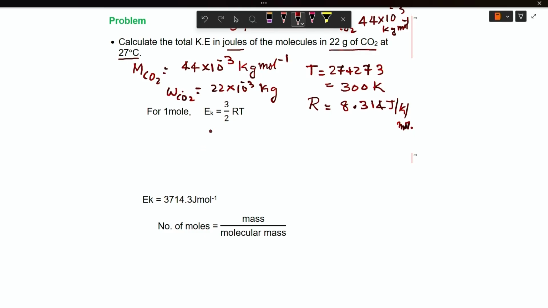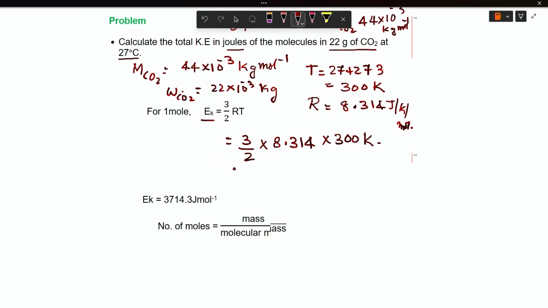Now, kinetic energy is equal to 3 by 2 R T, which is equal to 3 by 2 into R, which is 8.314, into temperature, that is 300 Kelvin. Okay.